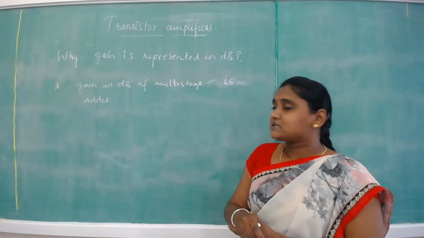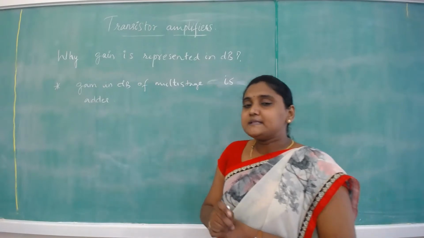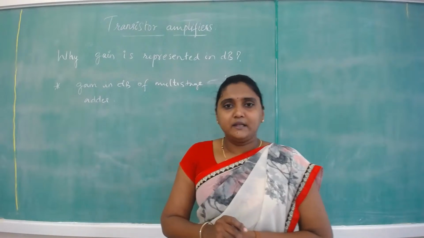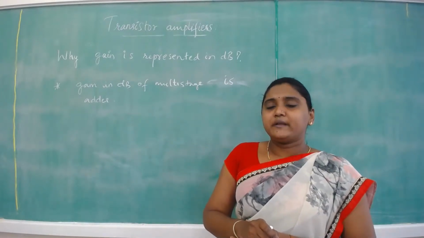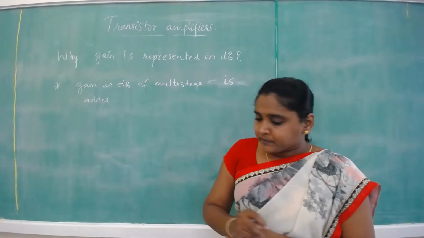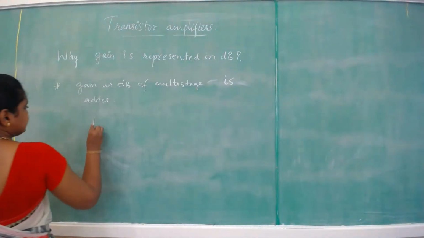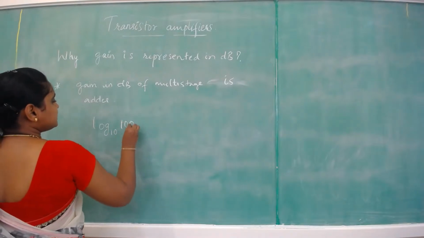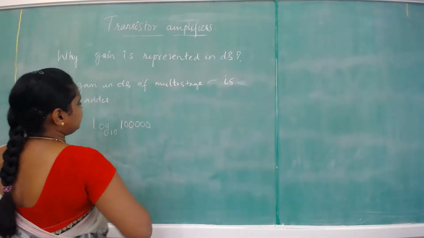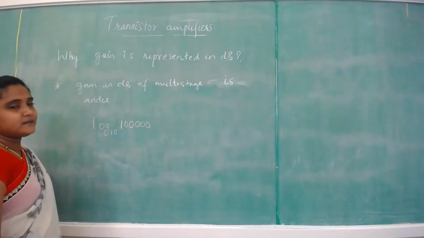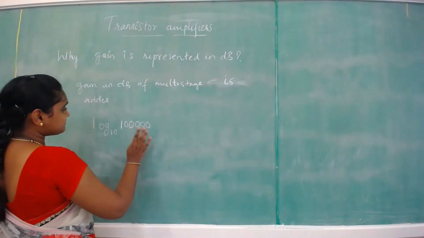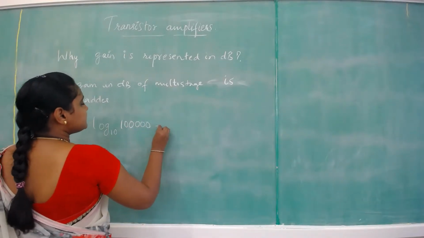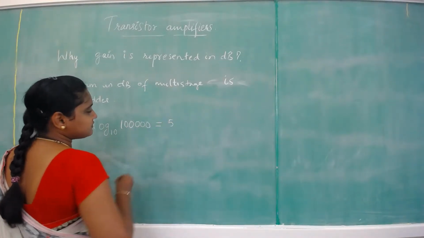The third advantage is that in the dB scale, we can easily represent a very small value of gain as well as a very large value of gain. Let me give an example now. Log to the base 10 of 100,000, that is 1 followed by 5 zeros, is just 5.